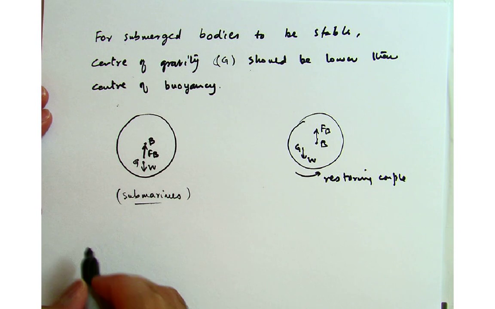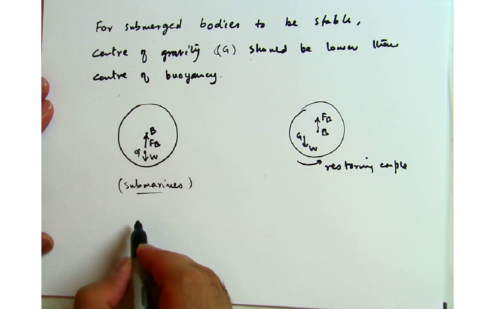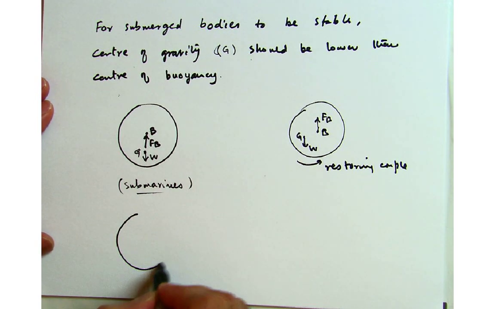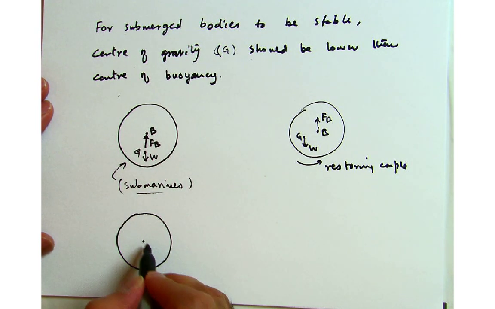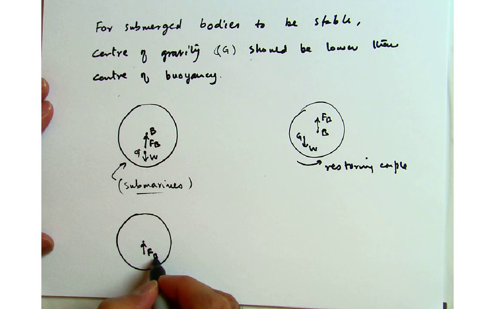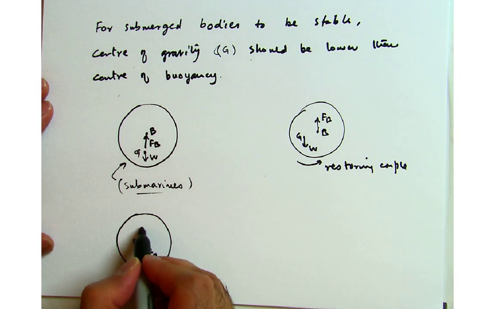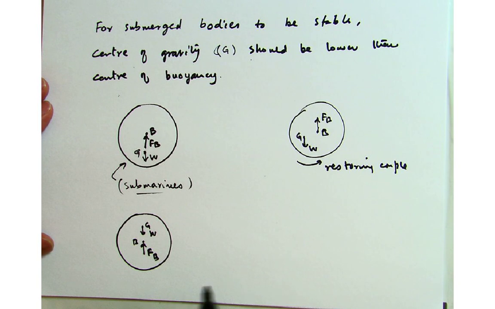But in some scenarios you can have the opposite. This is the case for the submarine, but suppose you have the center of buoyancy somewhere over here, represented with B, and your weight acts somewhere over here, where the center of gravity is.